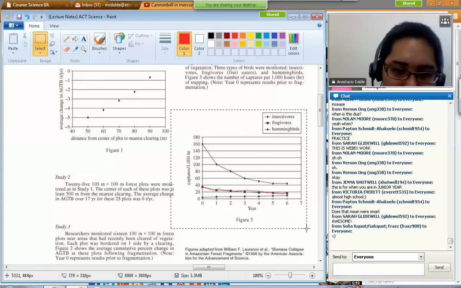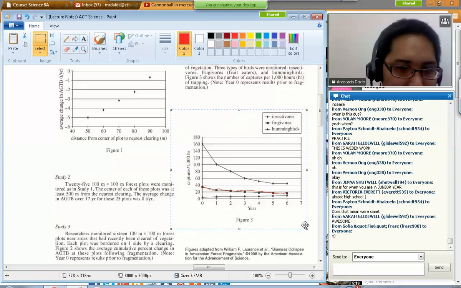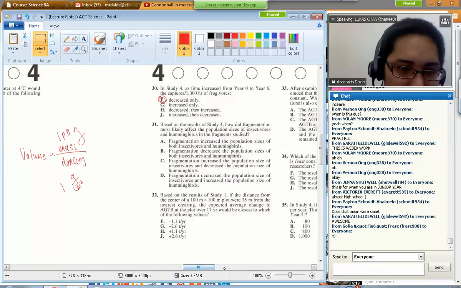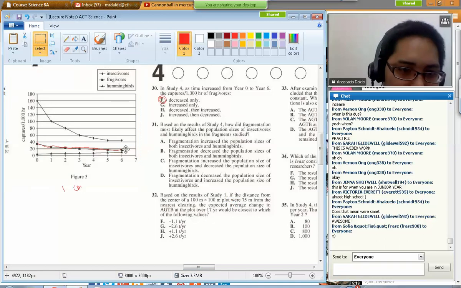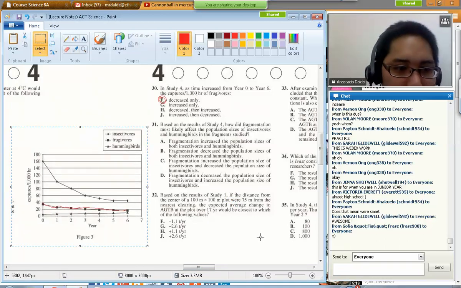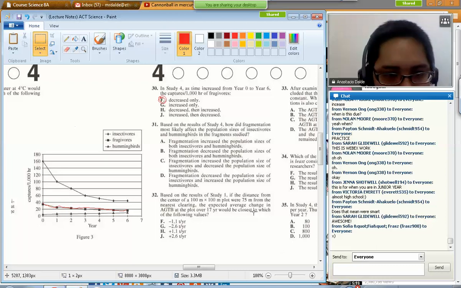All right, here's chart number 4. Based on chart number 4, the fragmentation, what did it do to the insectivores and the hummingbirds?